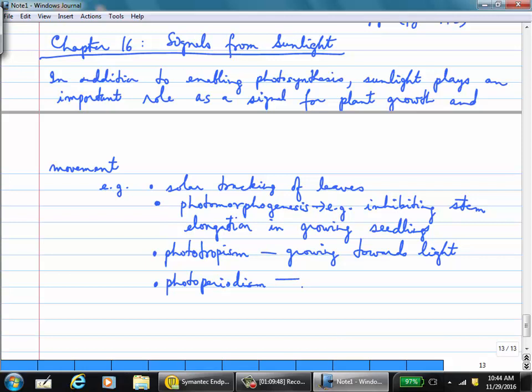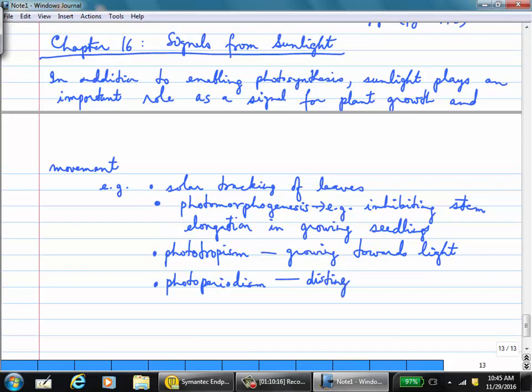So the plants can distinguish between seasons. In summer the days are longer and the nights are shorter. In winter, around this time, the nights have suddenly become longer. So that's how plants figure out, is it spring or is it autumn? The length of the night basically dictates that. And I will talk about that in a later chapter. So photoperiodism is basically distinction between the different seasons.